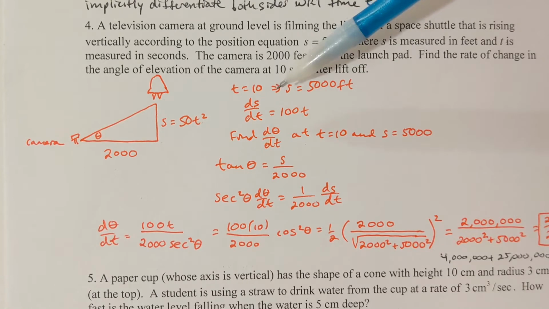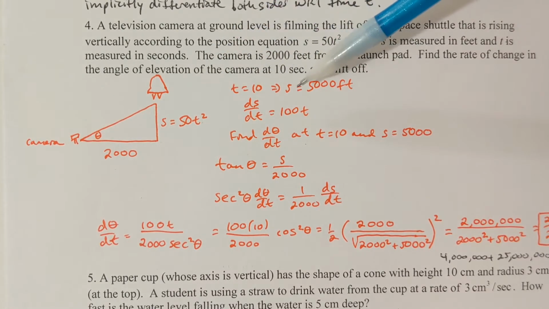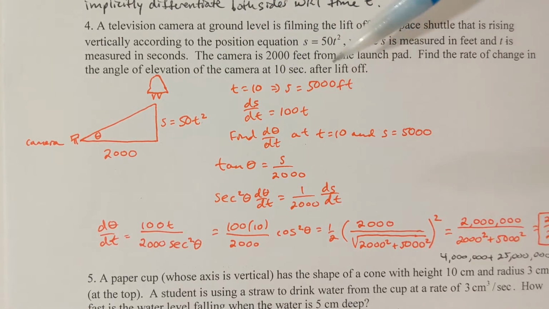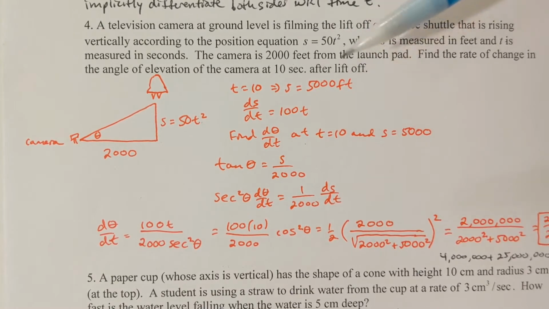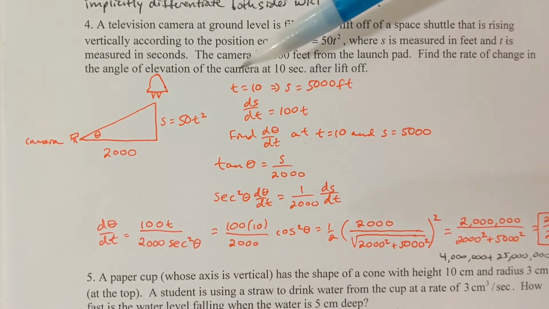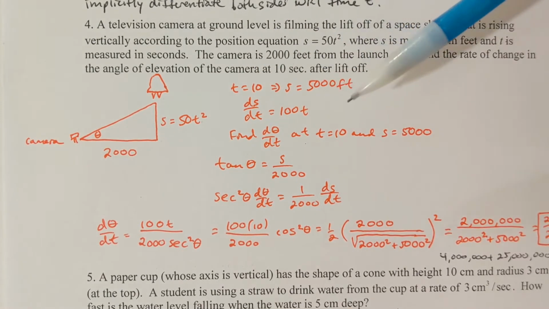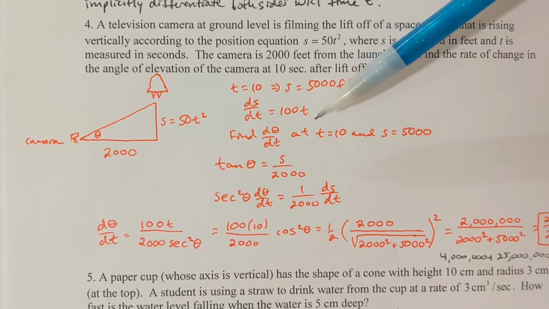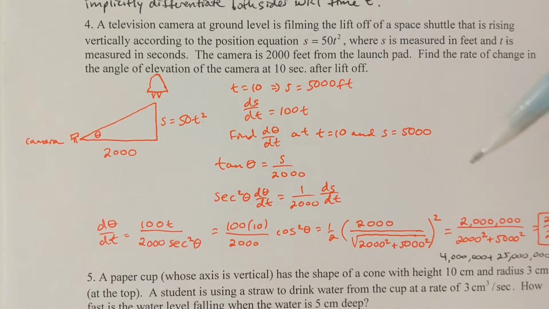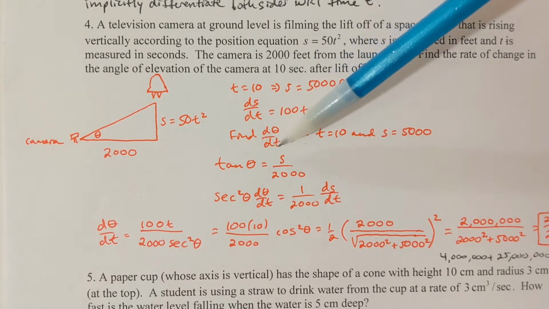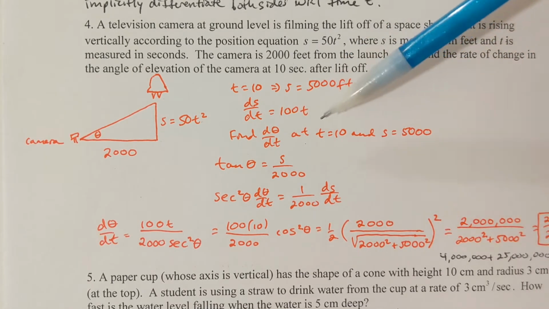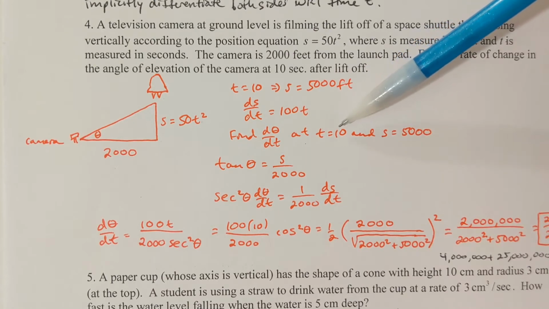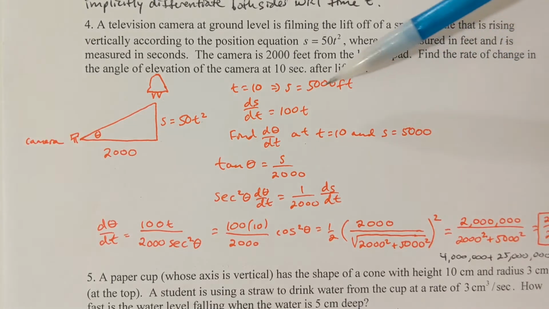So the position of the rocket is changing at 10 seconds. At 10 seconds, the position is changing at a rate of 1,000 feet per second. Okay, now we want to find d theta dt, like I said, at the time when t is 10 seconds and s is 5,000 feet.